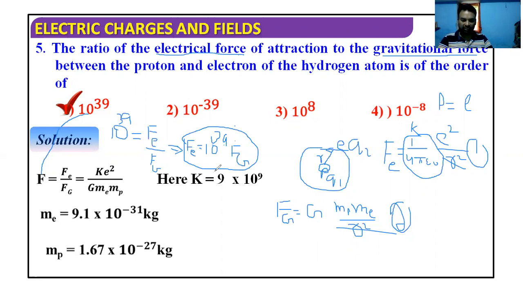Very easily the charge on the comb can attract the pieces of paper from the surface of Earth. The Earth is also applying a gravitational force on the pieces of paper, but the Coulomb force due to the charges on the comb is 10 to the power 39 times the gravitational force. Then and only then can the comb uplift the pieces of paper. So this was all about this question.